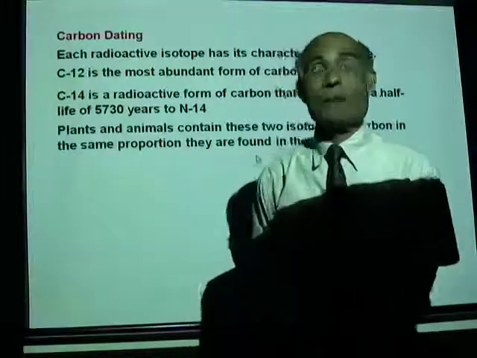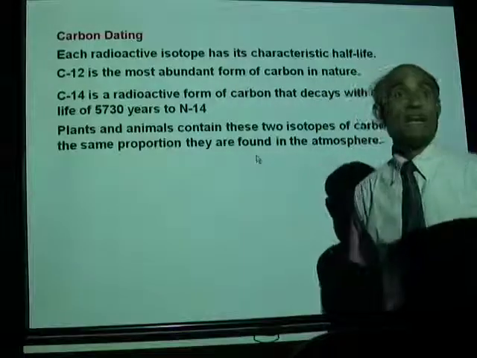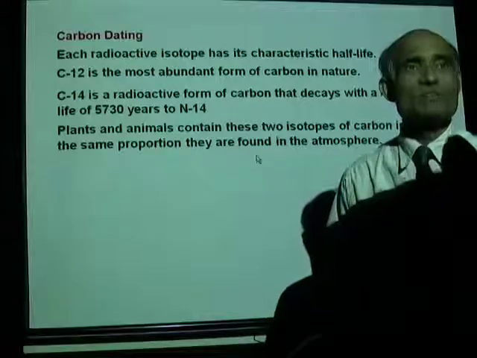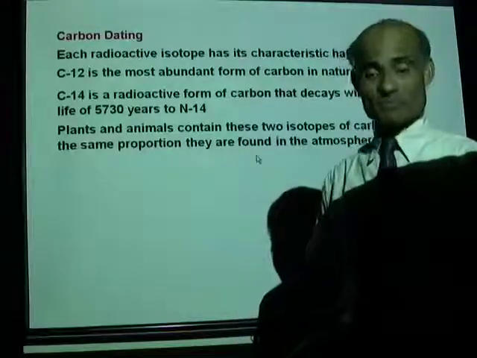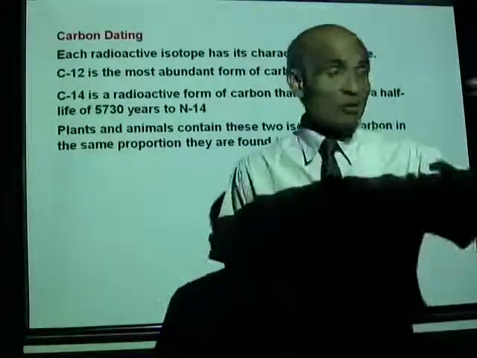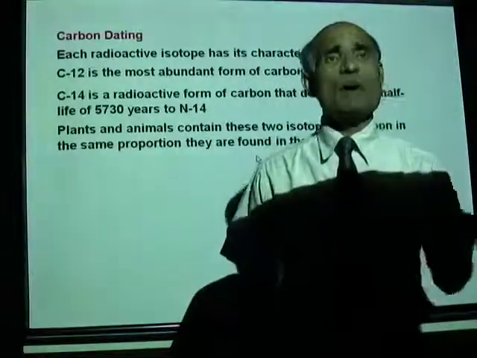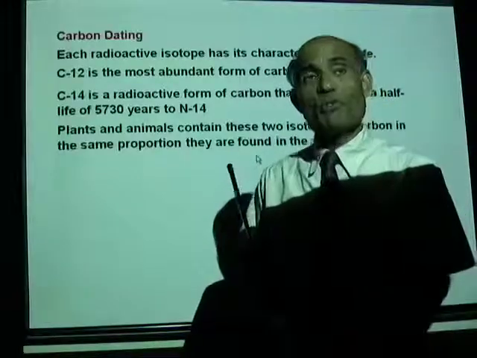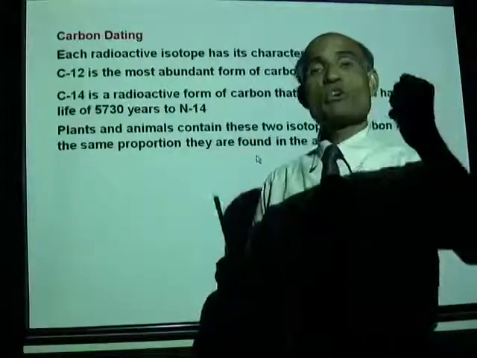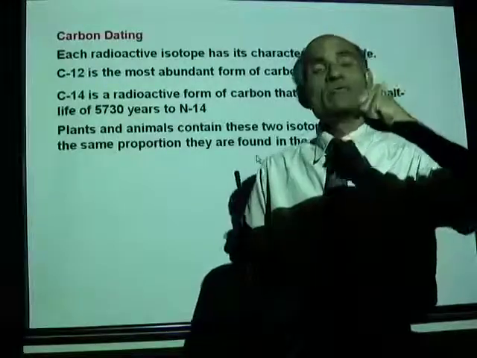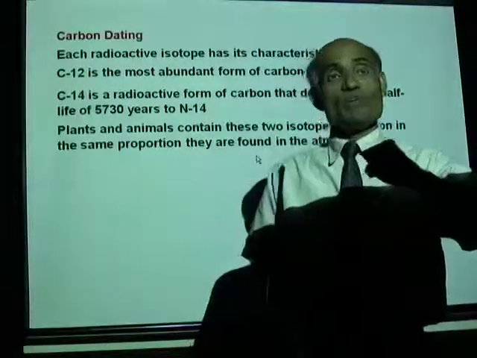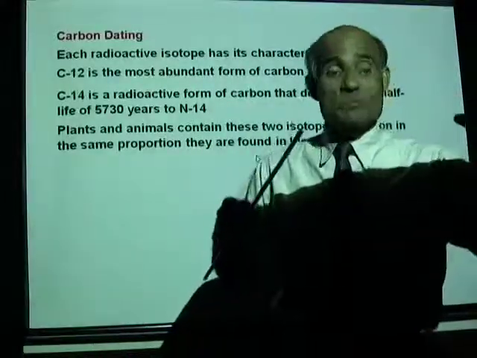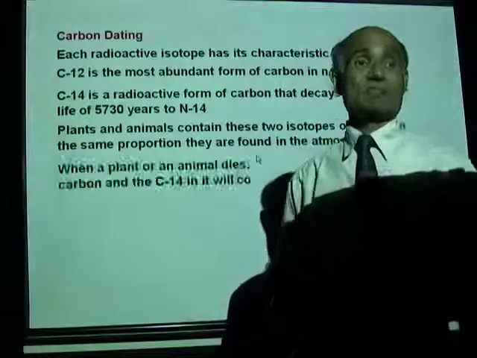5,730 years. Plants and animals contain these two isotopes of carbon in the same proportion they are found in the atmosphere. So you and I and all the trees and everything around will contain the same proportion of carbon-14 and carbon-12. The ratio of carbon-14 divided by carbon-12 will be the same in you and me and the trees, and the same as the ratio found in the atmosphere.